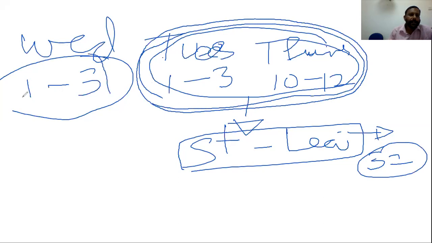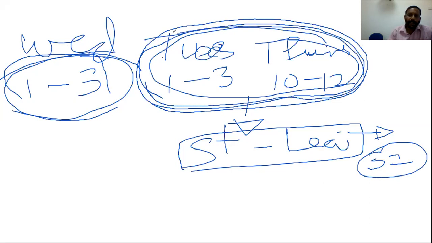No change in this. So we need additional time for more explanation. I'm expecting at least another 3 or 4 weeks, starting from next week, to have lectures during this time period also. That is Tuesday 1 to 3, Thursday 10 to 12.